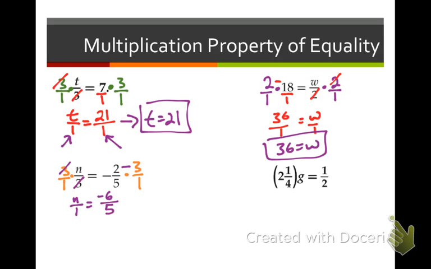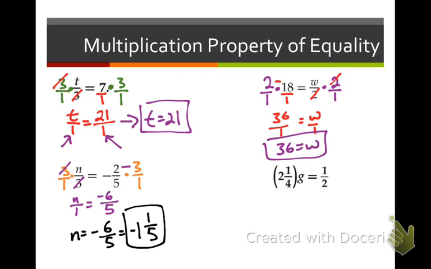Like I said, the 1 doesn't really change the number on top, so this becomes just n equals negative 6/5. And if you guys remember, if we change this to a mixed number, this becomes negative 1 and 1/5. Alright.